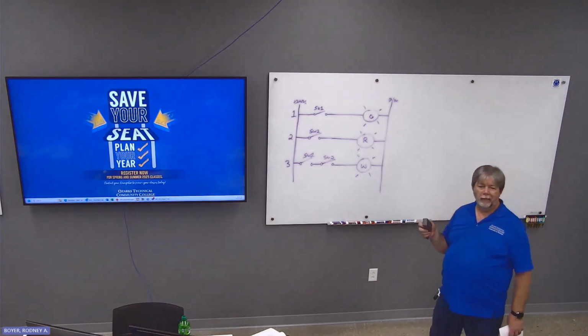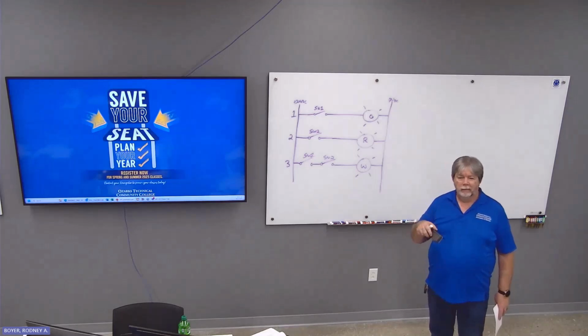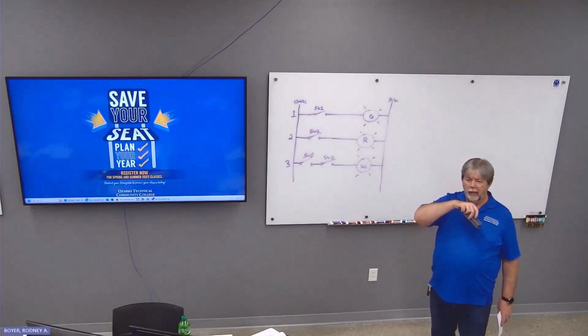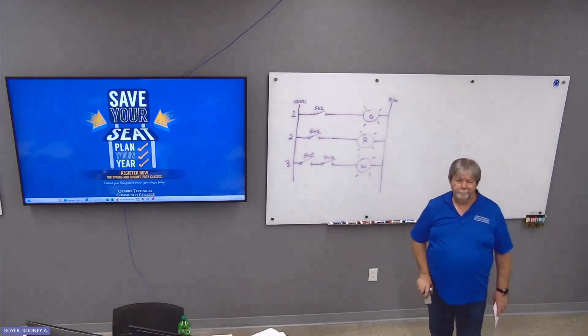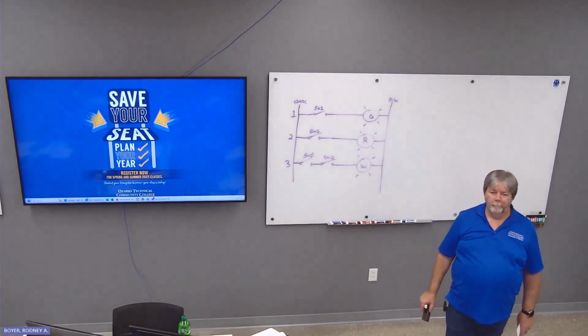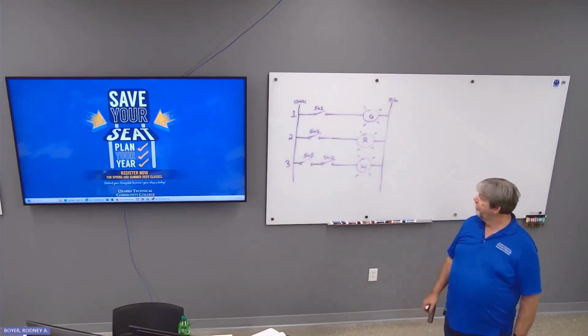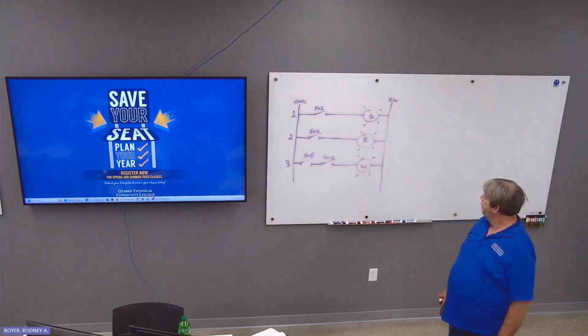Anybody have a thought on how we can use the relay, where to put it, and that sort of thing? I'm thinking like under the G, you put an M1, and under the R, you put an M2, and then you put 2 relays in front of the white.